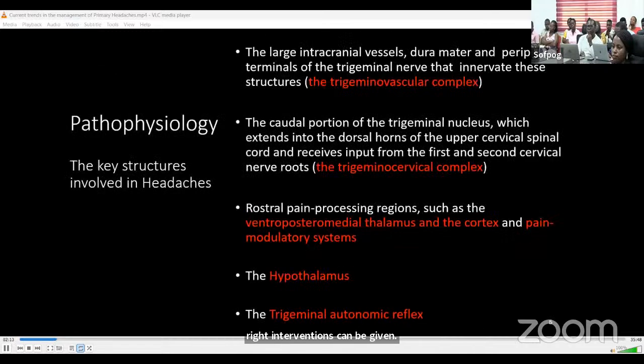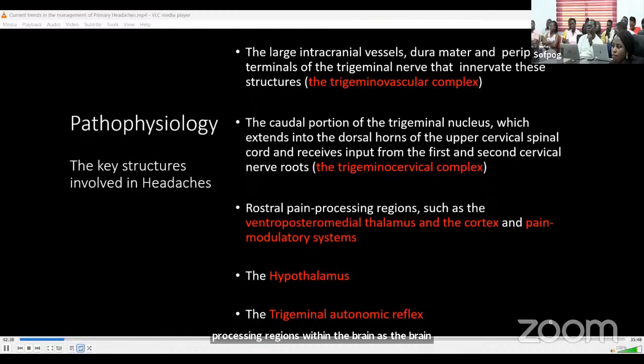In terms of pathophysiology, Dr. Dalmore has already taken us through this. So in summary, we are looking at the trigeminovascular system, a trigeminocervical complex, which connects the trigeminovascular system through the spinal cord. So we are looking at the cranial, the first and second cervical nerves, okay? And then there are also rostral pain processing regions within the brain, such as the brainstem, the thalamus, and the cortex.